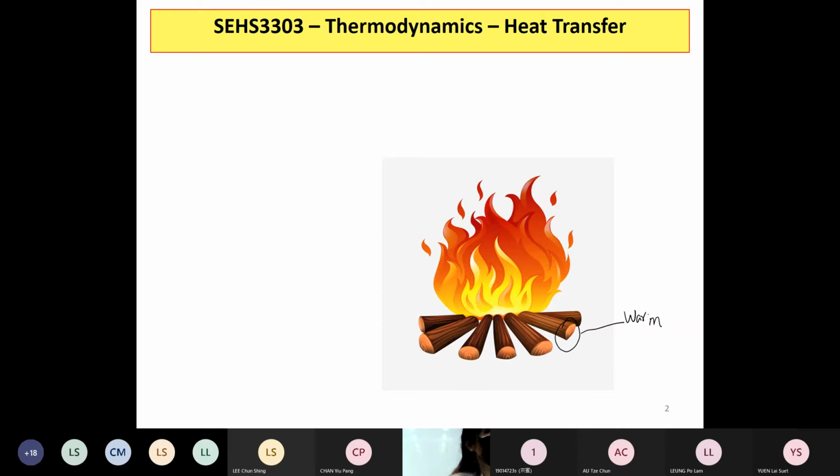Why? Because of the conductive heat transfer by this firewood. We have a temperature difference. At this end, we have higher temperature. At this end, we have a lower temperature. Due to this temperature differential, conduction happens inside this firewood. So that is conduction.